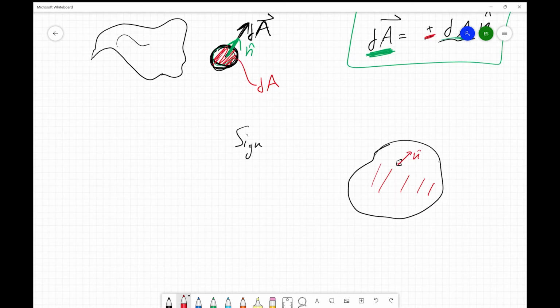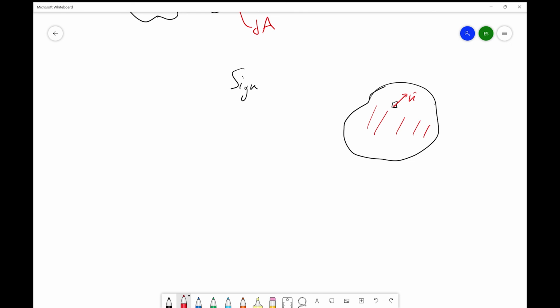If it's not a closed surface, let's say a rug, and I have a small area segment, then it's conventional to select the orientation such that, if we are traversing the boundary, the orientation matches traversing the boundary counterclockwise.